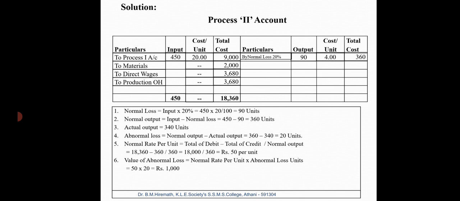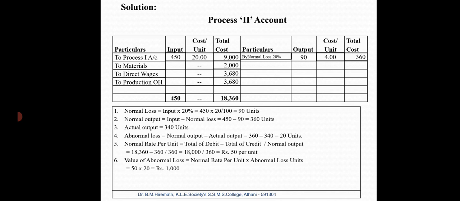Now let us calculate the normal rate per unit. This is the rate common for the output of process 2 as well as for abnormal loss or abnormal gain if any. So normal rate per unit is equal to, take total of debit side minus total of credit side divided by normal output, because if there is any abnormal loss or abnormal gain, it should not be allowed to affect the normal process. So they are separately calculated.